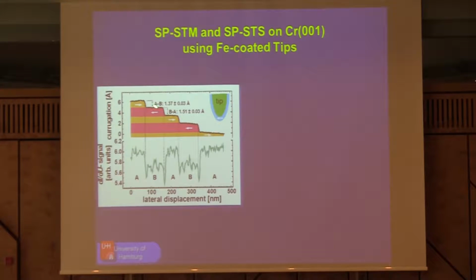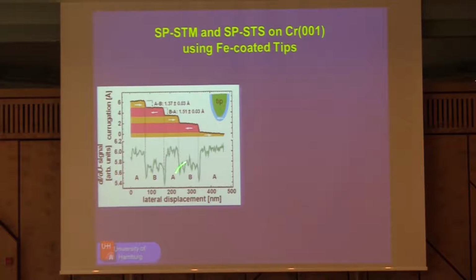Of course, you cannot only make use of the constant current mode, where you see the apparent height changes; very soon after, we also looked directly at the spin-resolved tunneling conductance. Here you see one of the first traces of the spin-polarized tunneling conductance when scanning over this topological antiferromagnetic ordered structure.